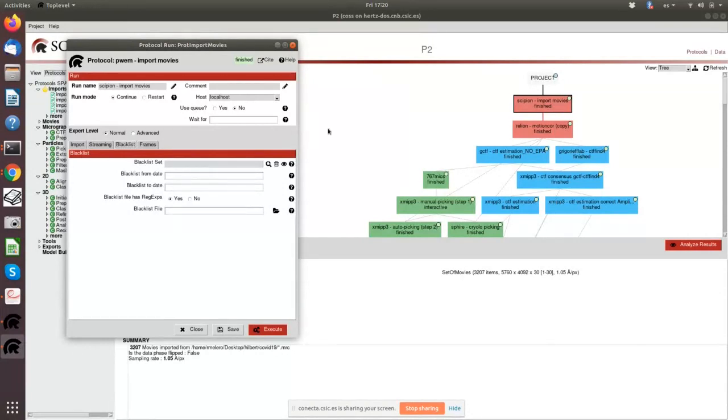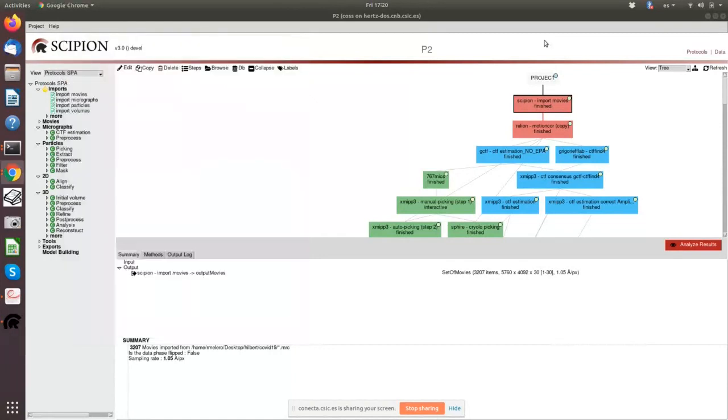So you can take some of the movies and say, I don't want to import these ones. There are many different ways of saying what you don't want to import. And this one is related to whether all the frames are in a single file, and that is normally the case now, but some years ago very often frames were recorded as separate files.